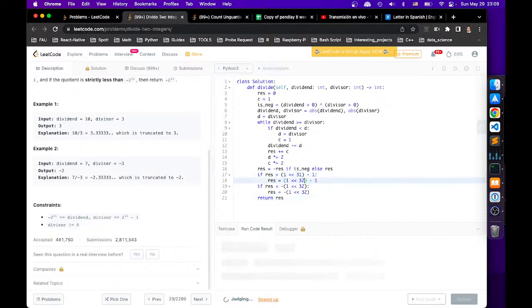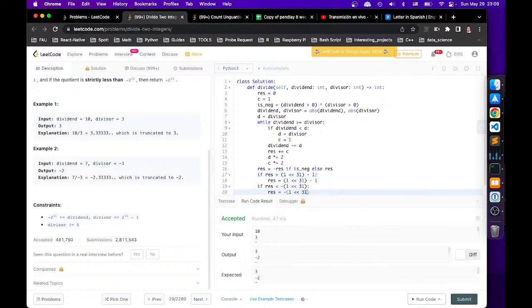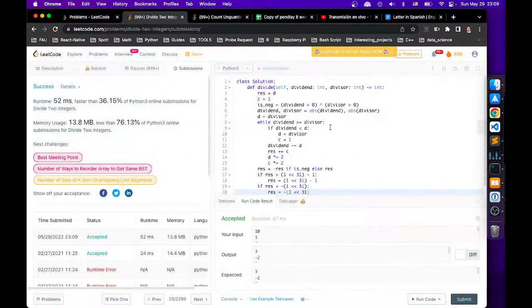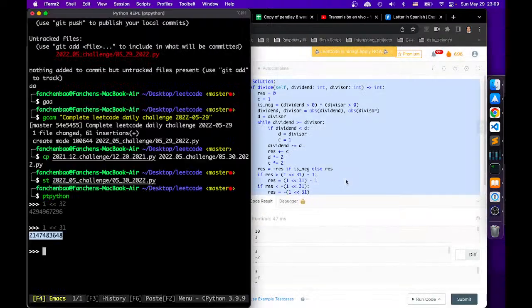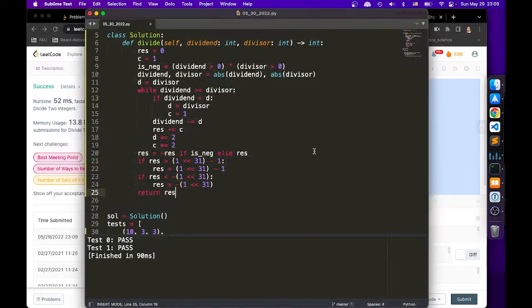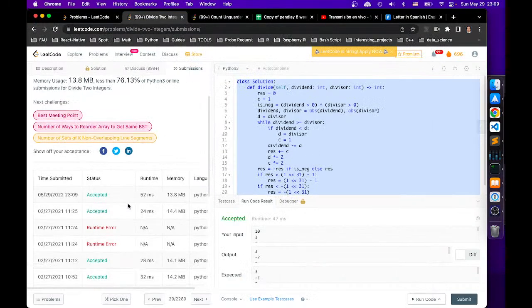It's 31st. Try this. It's alright. It's not the best. I know. But I forgot how it's supposed to be done.